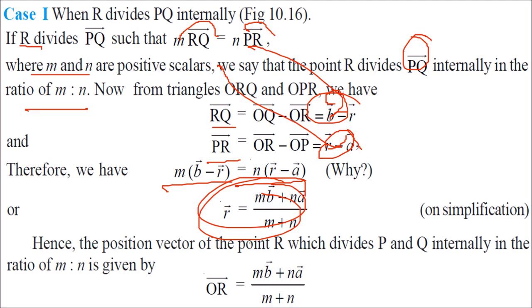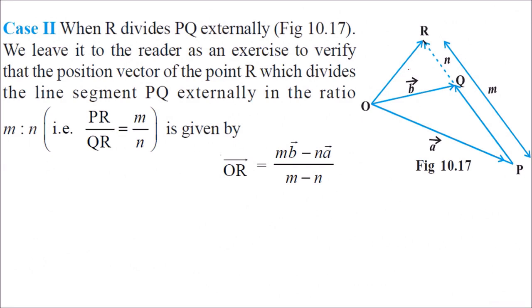Similarly, if it is dividing externally, you have a position vector of a point R which divides PQ externally. Now you have a point which can be outside. Here this whole is M and this is N, so this will be M minus N. Now you have A and B, but this R is not inside, it is outside. So it is dividing externally.